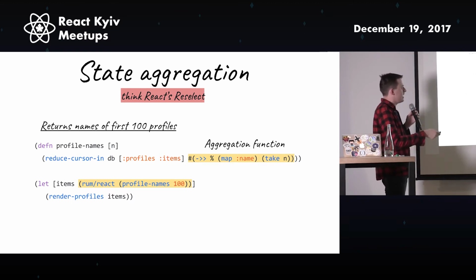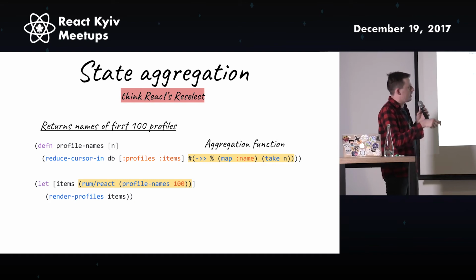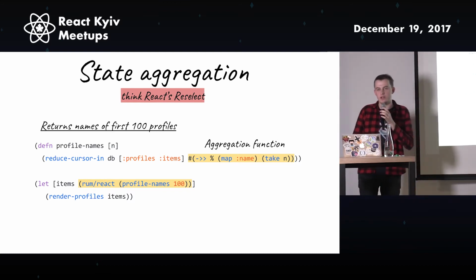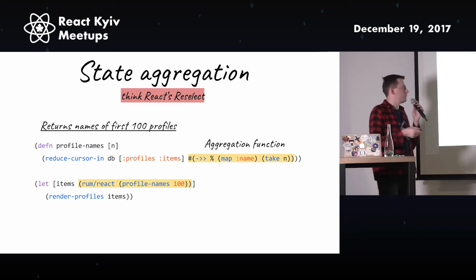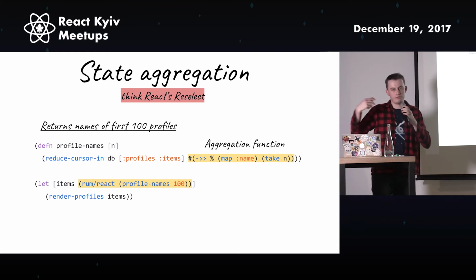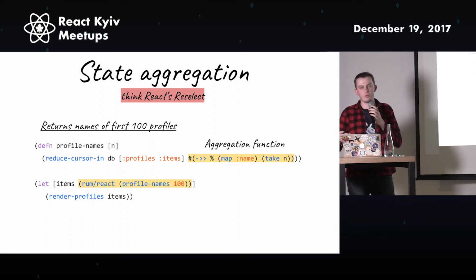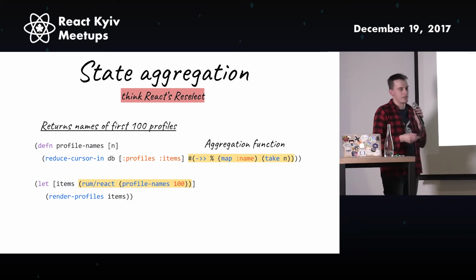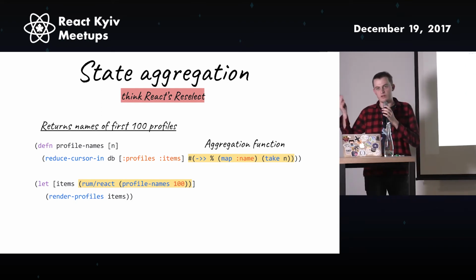So for example, let's say in this component I want to render the names of the first 100 profiles from a list. For example, I render a list, and I know that on the screen, or for example on the first page in the table, I want to render only 100 names of the profiles. So it doesn't make sense for me to transform the entire list of profiles.